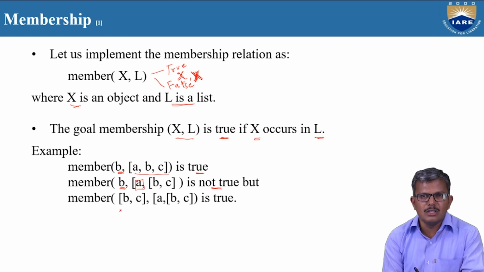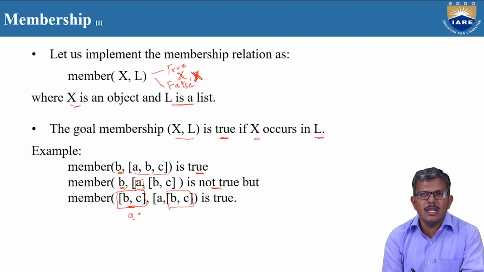And the third one is member of [B, C] comma [A, B, C]. What happens here? Here you are not checking for the membership of only one object, but of more than one object. So this entire portion is going to be compared with the entire portion of the second list.